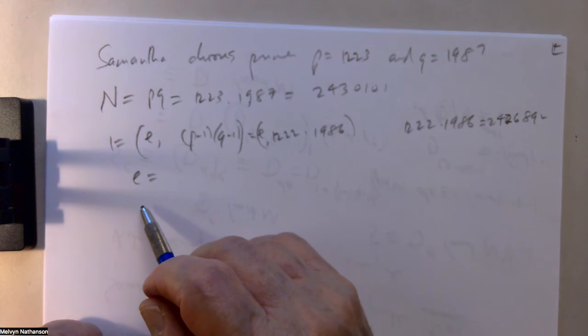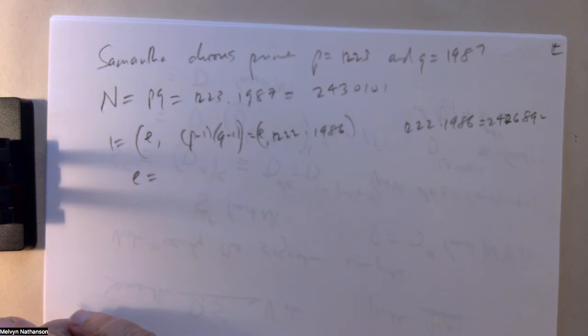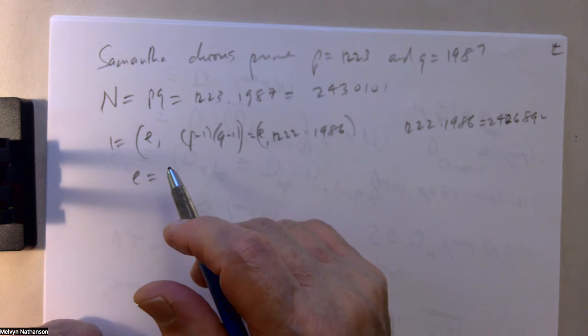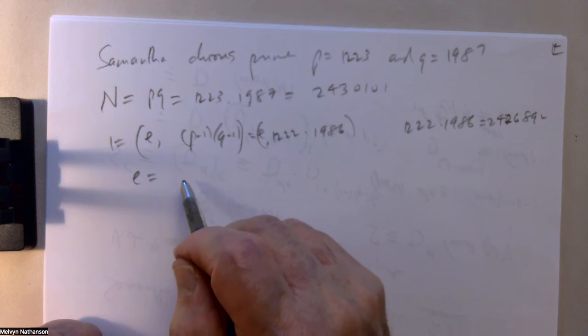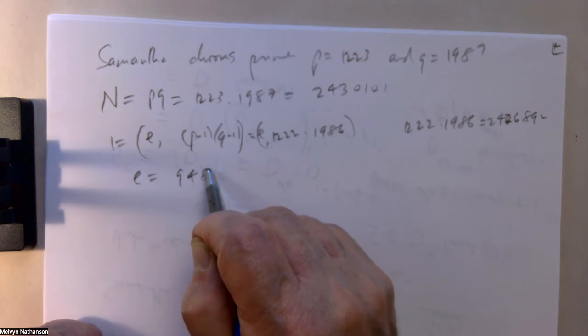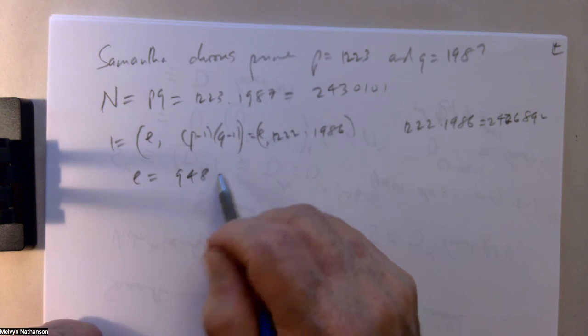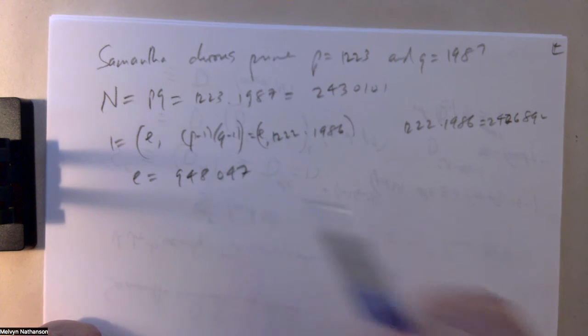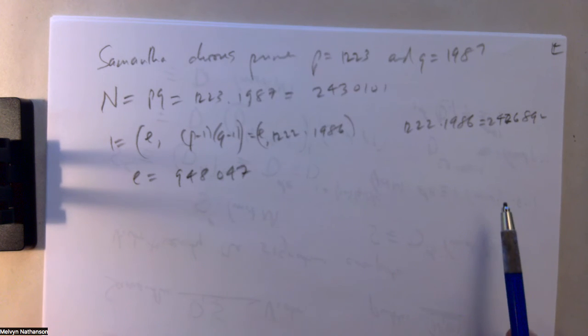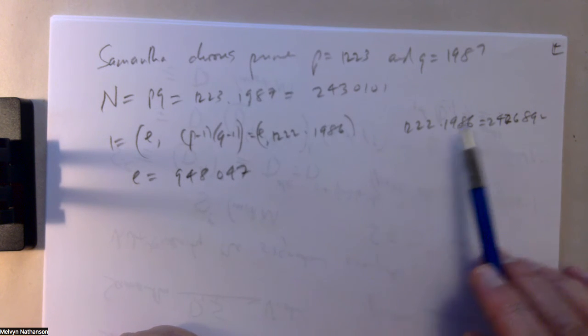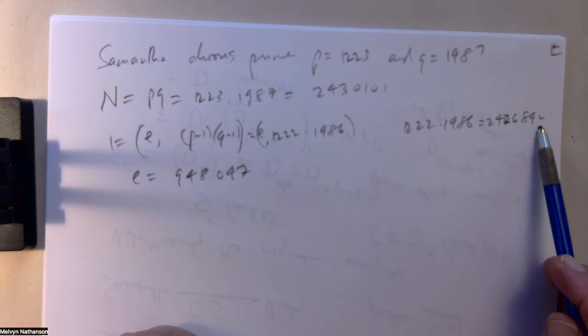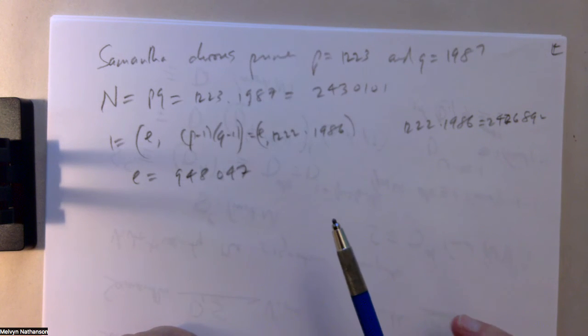Samantha chooses the number. You can just check on a computer if you want, but this is really a good choice. E is 948,047. That is, there are almost 2 million numbers that Samantha could choose that are relatively prime to this. She chooses this one.